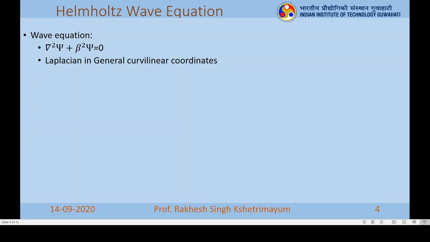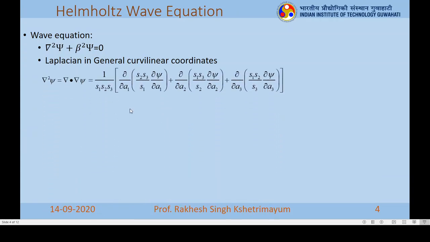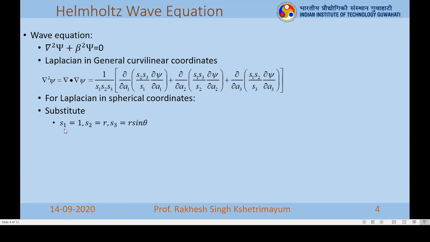Once I have the Laplacian in general curvilinear coordinates, which is this expression, 1 by s1 s2 s3, first term, second term and third term, all I need to do is replace the scale factors and the coordinates. Scale factors for the spherical coordinate system are 1, r, r sine theta. Coordinates: a1 is r, a2 is theta, a3 is phi.